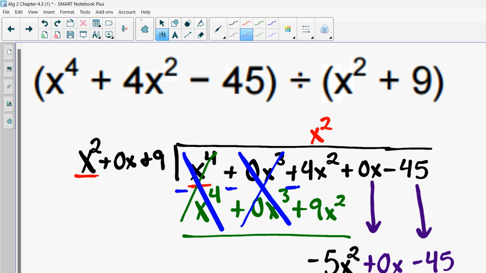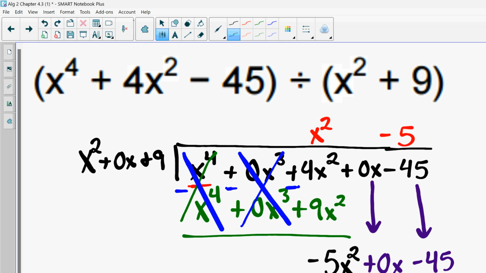Now let's see what's going to happen. Because our next step would be what times x squared is negative 5x squared. Negative 5. And we can put this over the negative 45. Now if you notice, we didn't put it over the 0x because, well, it doesn't have an x. It doesn't need one.